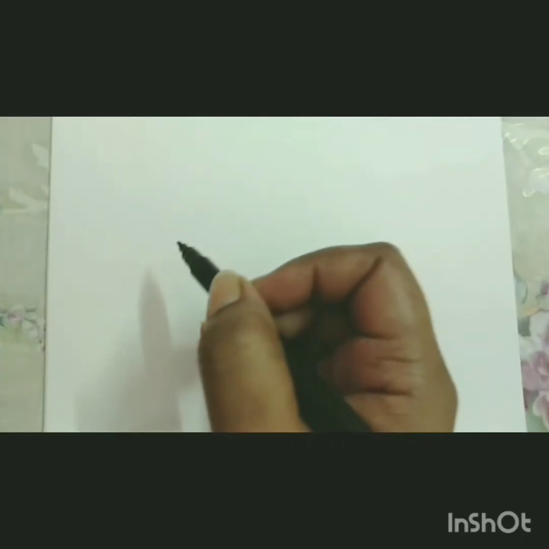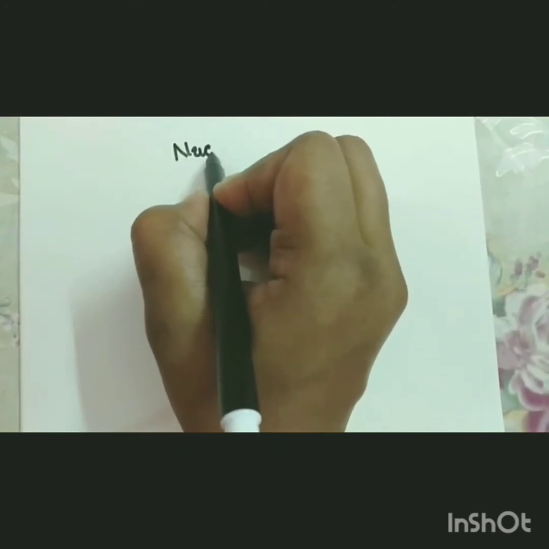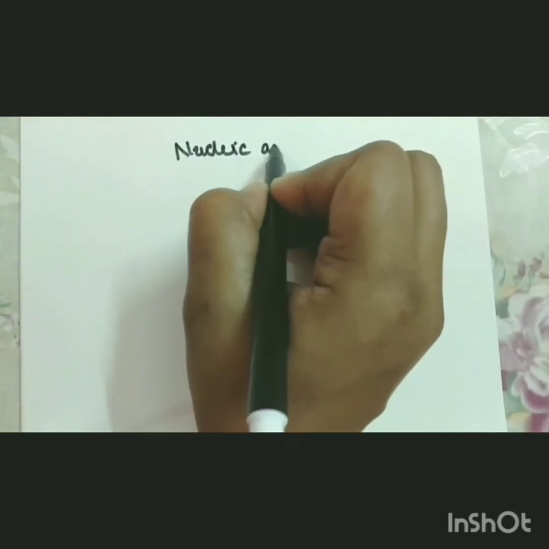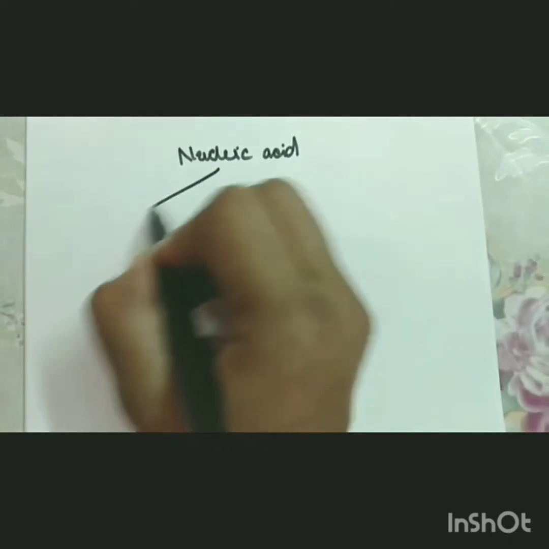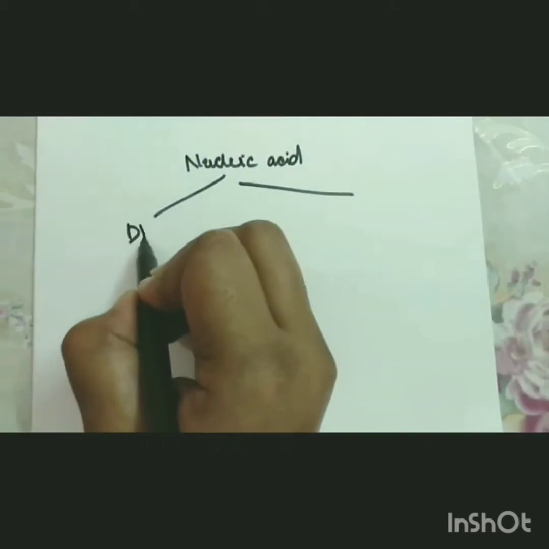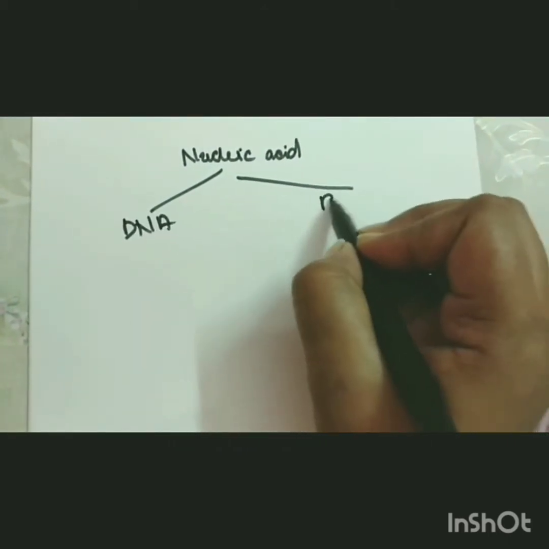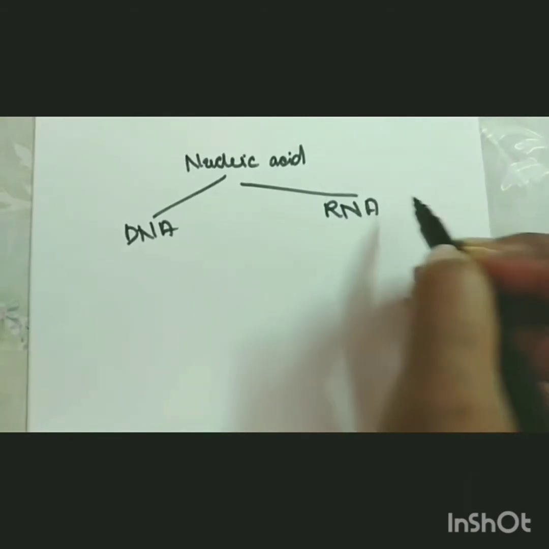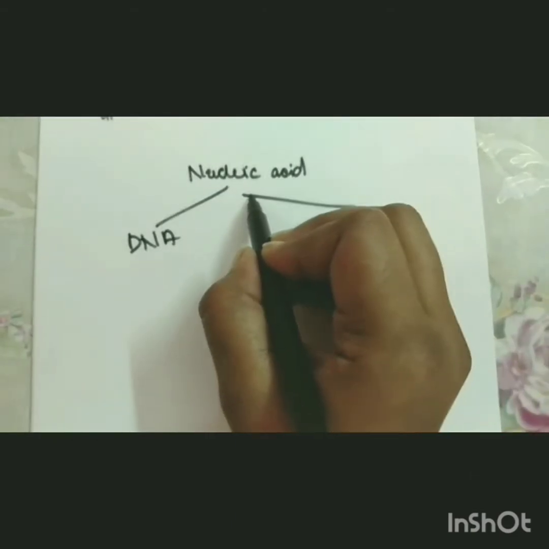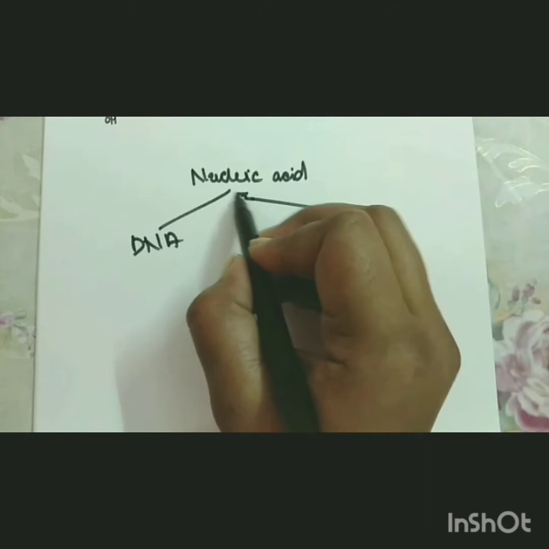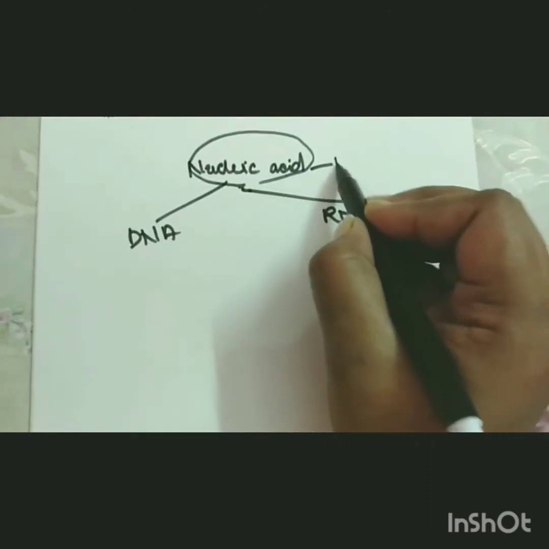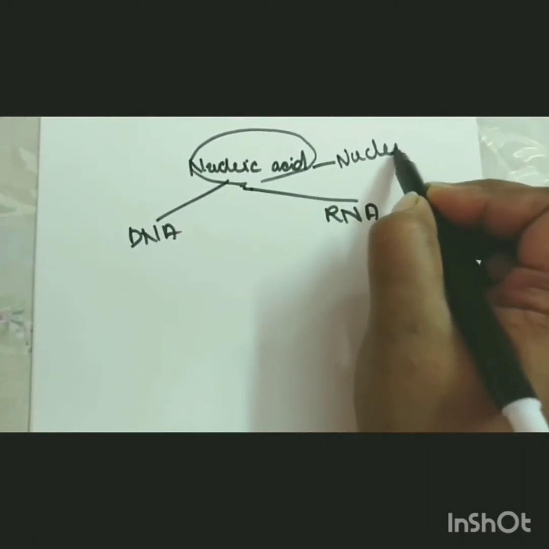Found in living systems. We may also write it down this way: nucleic acids are divided into two parts, DNA and RNA, and these nucleic acids are made up of nucleotides. So, in order to know the structure of nucleic acid, we need to first know the structure and composition of nucleotides.